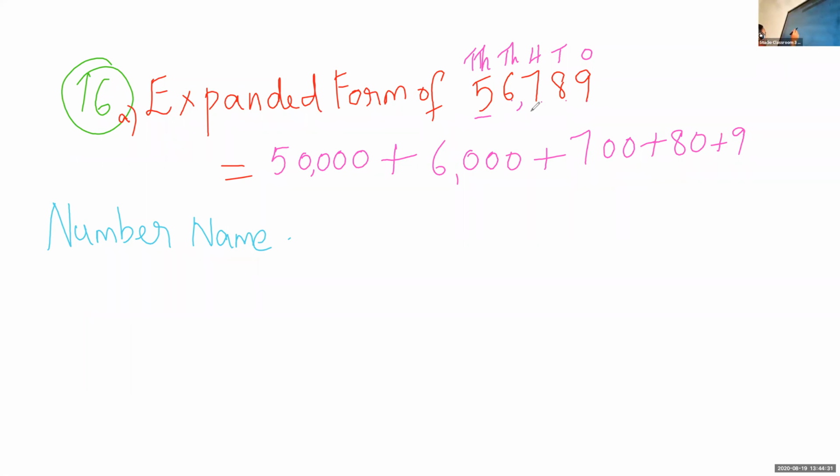Right, without spelling mistakes. Number name is fifty-six thousand. Look at the spelling and write without any mistake. Fifty-six thousand, seven hundred eighty-nine.